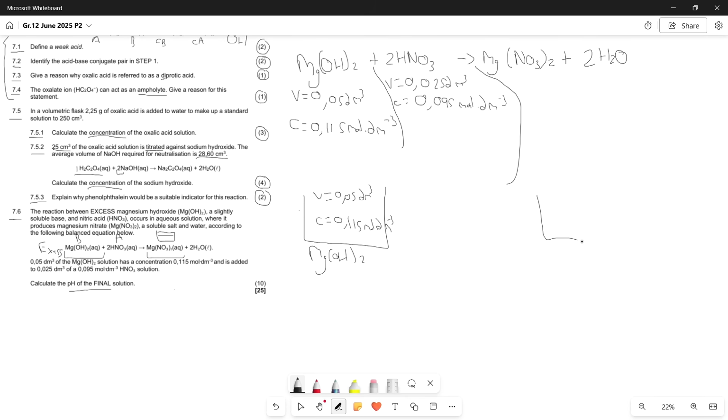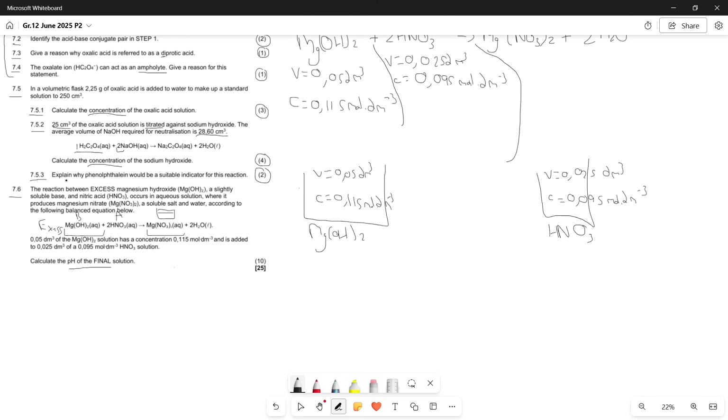And then in a different beaker over here, which is our HNO3, we have a volume of 0.025 and a concentration of 0.095 mol.dm^-3. So right now these have different concentrations, different amounts of Oros in water for that analogy, and different volumes. So they're different sized beakers. This one's a little bit smaller than this one.